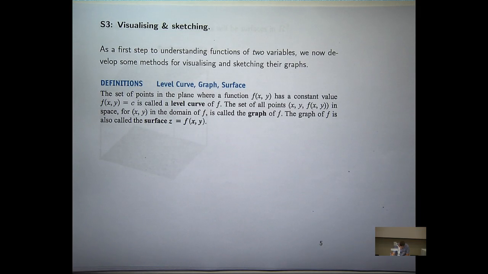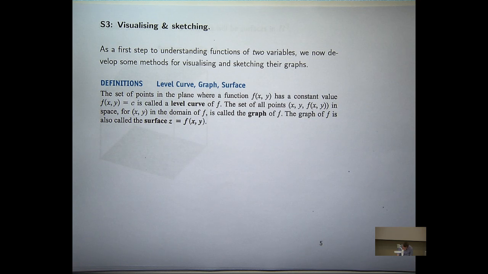What we're going to do is just review visualising and sketching. Now you might think, hang on Chris, we already looked at this last year. And that's true, but not in any depth. And secondly, in the second half of this course, you are going to have to know surfaces like that. You give it an equation, is it a cone? Is it a cylinder? Is it an ellipsoid? What is it?